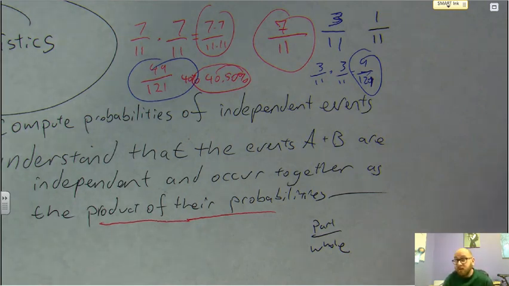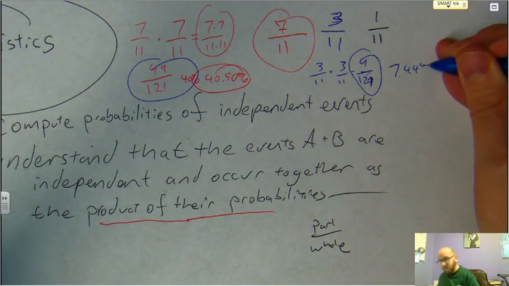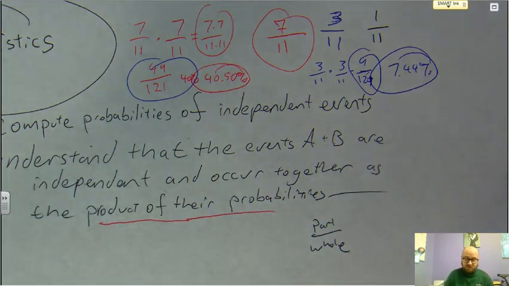Not the most likely, it was a 59.5% chance that I wouldn't, but closer to even. Then let's look at 9 divided by 121. 9 divided by 121 is a 7.44% chance. Now, the difference between a 40% chance and a 7% chance is very significant. And it shows in the size of our fraction. The larger our fraction, the more likely it was to occur.